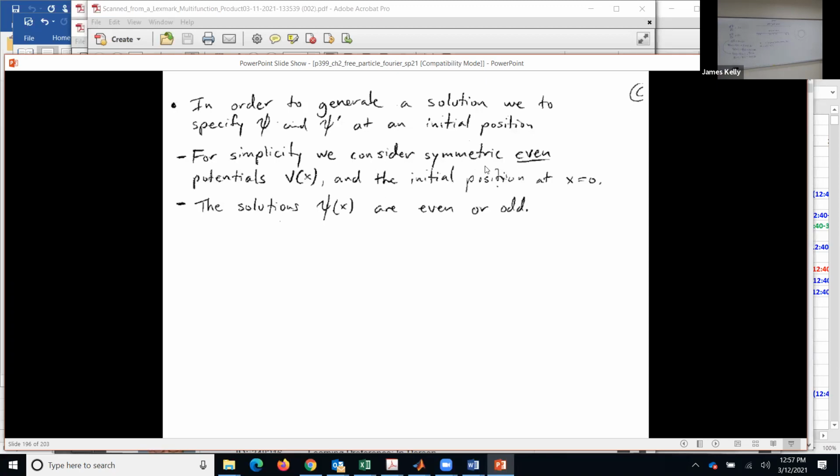And again, at least in this example, I'm just going to look at an even potential, but you don't have to. You can look at an arbitrary shape potential as long as, of course, it's got to have some definite minimum, and it has to go up to plus or minus infinity. Although you're welcome to use an even potential, right?